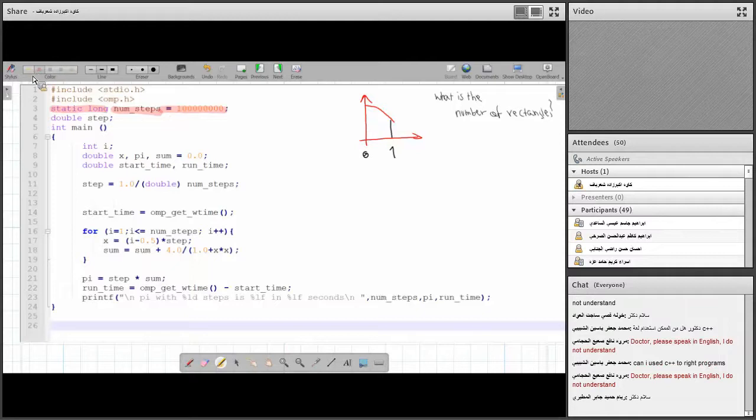More rectangles, more accurate result. متغیر num_steps تعداد مستطیل ها رو مشخص میکنه. در این مثال 100 میلیون مستطیل داریم.